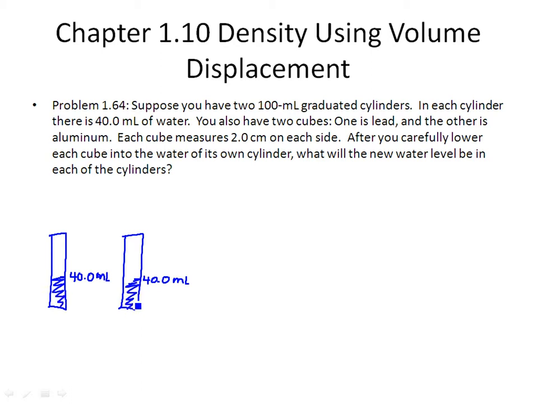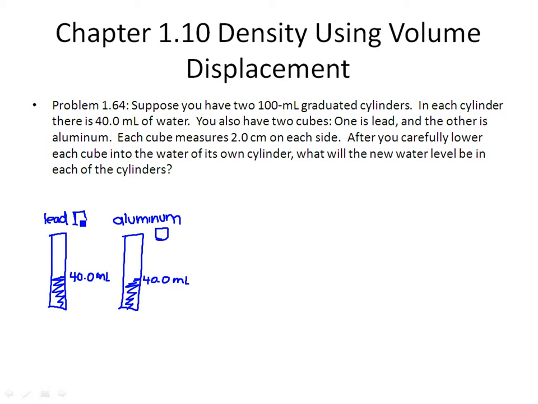And you have two cubes. One's lead, and one is aluminum. So we have two objects here. Of course, they're three-dimensional, but it says that it's 2 centimeters on each side.